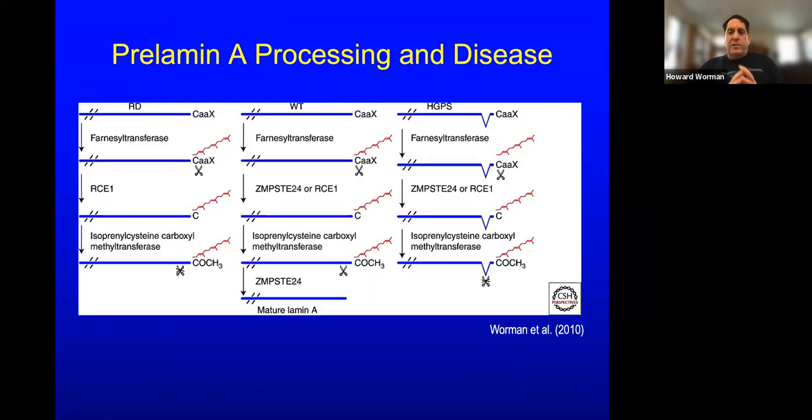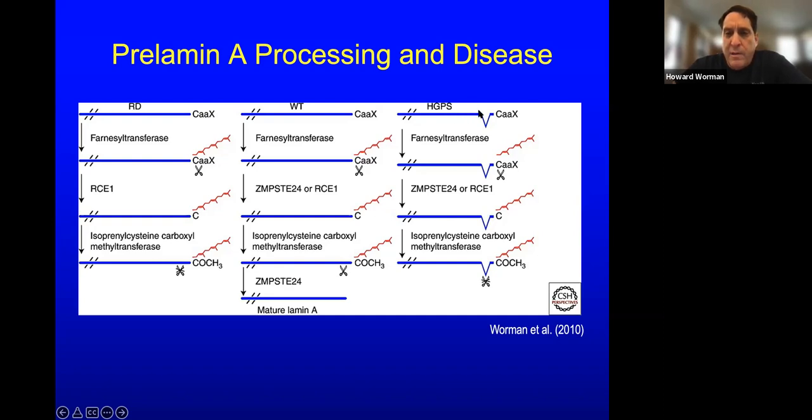So this is pretty much describing defects that you can have in Prelamin A processing. In wild type, there's the CAAX box, it's farnesylated, the AAX is cleaved off, it's carboxymethylated, and you get mature Lamin A from processing.